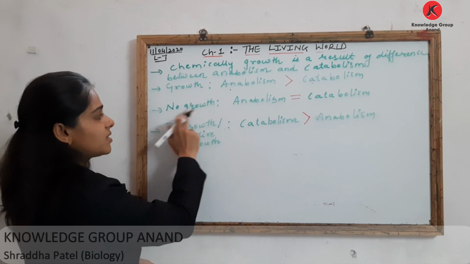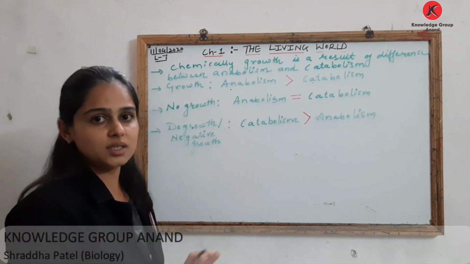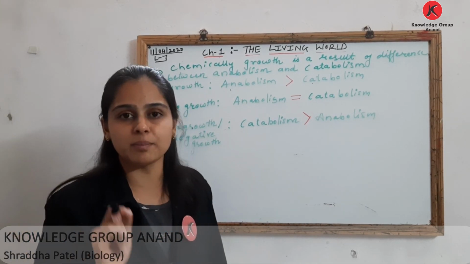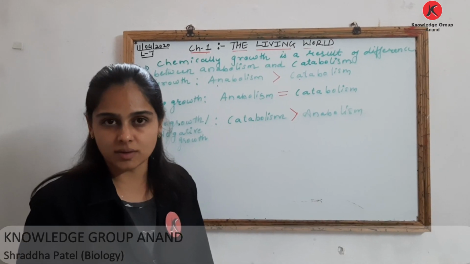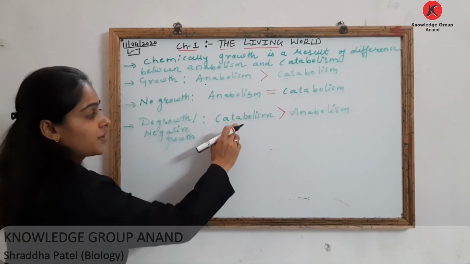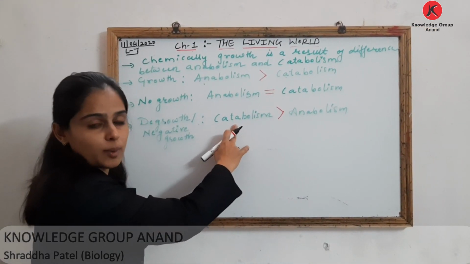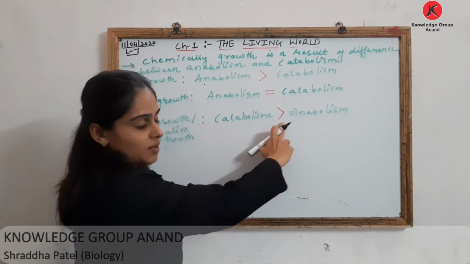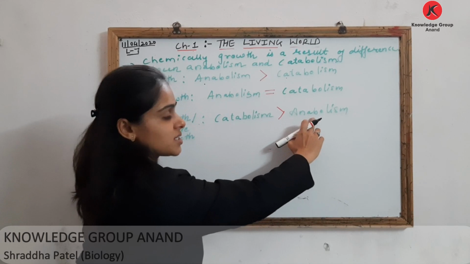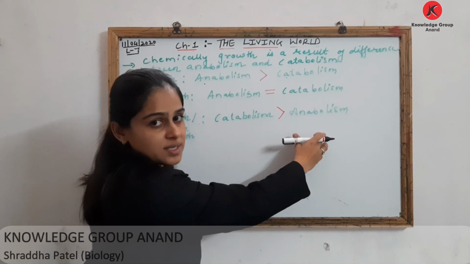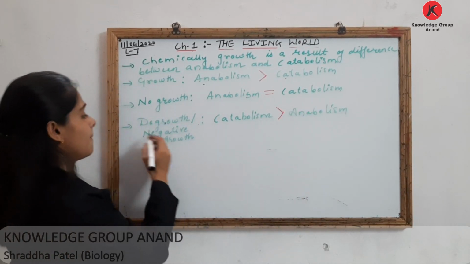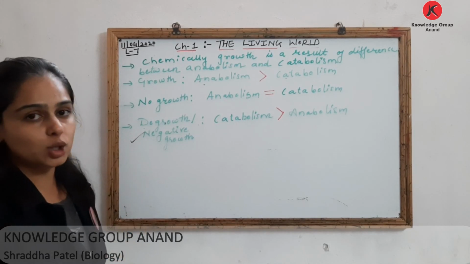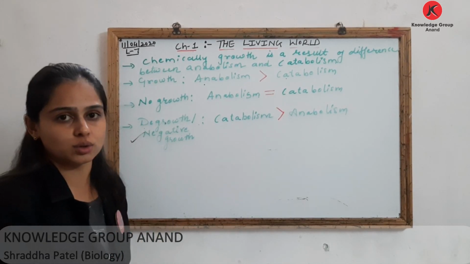So at that time there is no growth. वो time पे growth नहीं होगा, right? And last, if catabolic processes, मतलब breakdown processes exceed your anabolic processes, that is synthetic processes, right? At that time there occurs degrowth or negative growth, right?